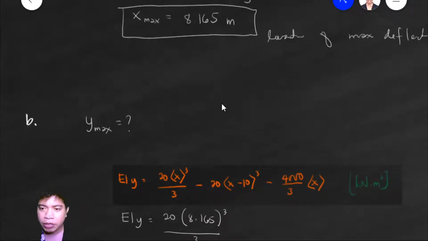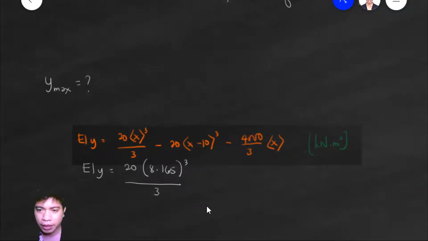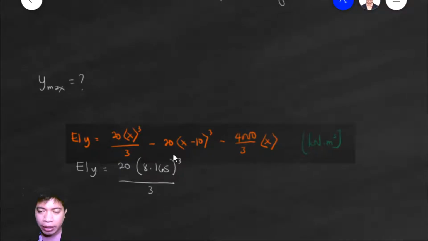Okay? So tingnan natin guys yung ating second term. Take note na yung x natin is 8.165. So kung sinubstitute natin guys yung x na equals to 8.165 dito, ang mangyayari is magiging negative yung nasa loob ng pointed bracket. So therefore, hindi natin siya isasali.